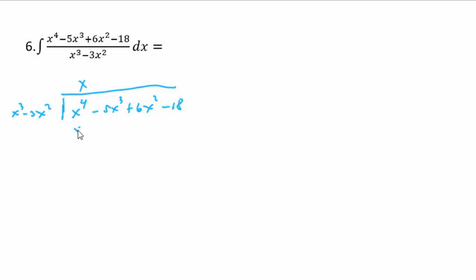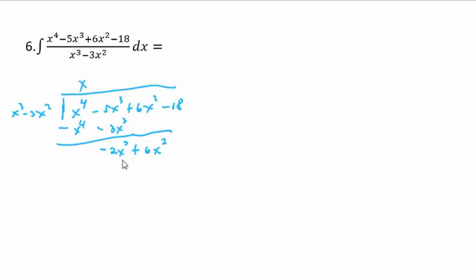Then multiply: x to the power of 4 minus 3x cubed. Then subtract, changing the sign of the subtrahend. So this is 0, this becomes positive, and the difference is negative 2x cubed. Then bring down the next term, positive 6x squared.